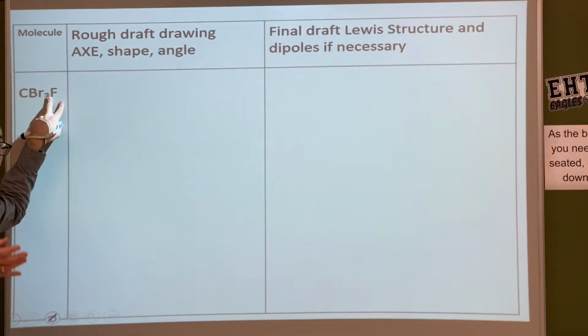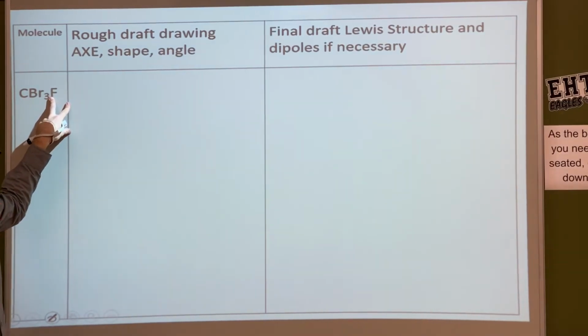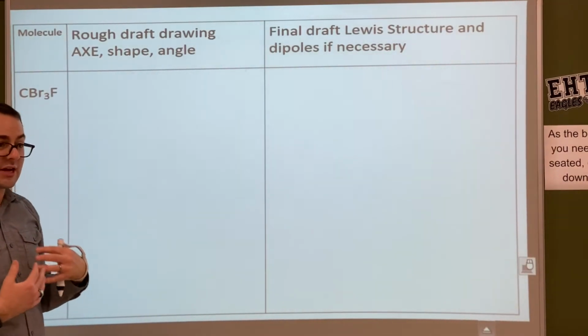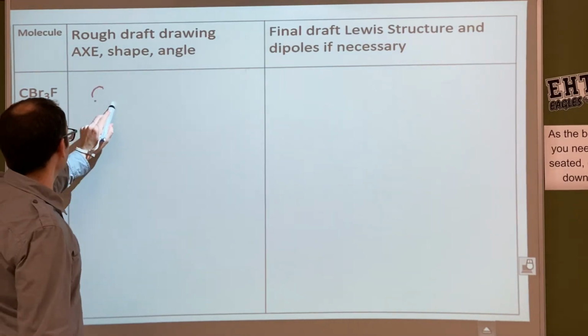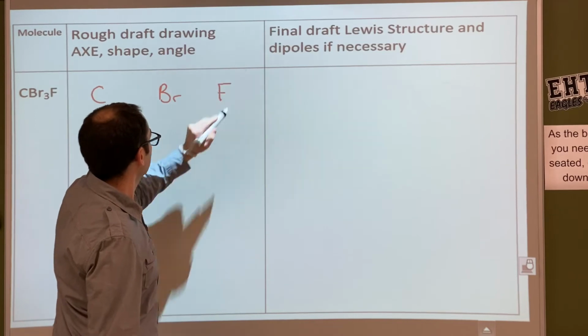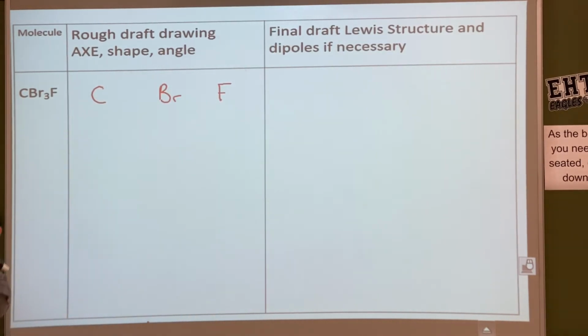Now, you might not have enough green. That's okay. We'll talk about that in a sec. But out of these, we need to figure out what the central atom's going to be. So what I would do is draw one of each of them, and then draw their valence electrons, because then you'll be able to start to figure out what the central atom's going to be.